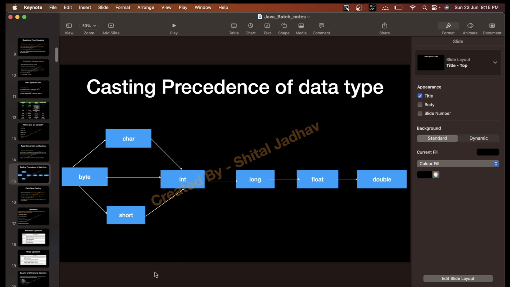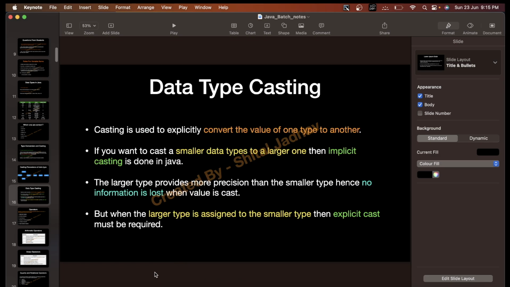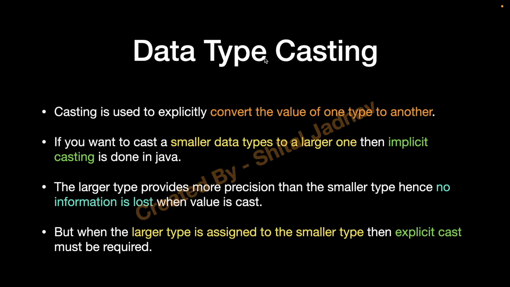Now if I go to the next slide, understand it here, the casting concept. Casting is used to explicitly convert the value of one type to another. Here I have mentioned in easy words: if you want to cast a smaller data type to a larger one, then implicit casting is done.